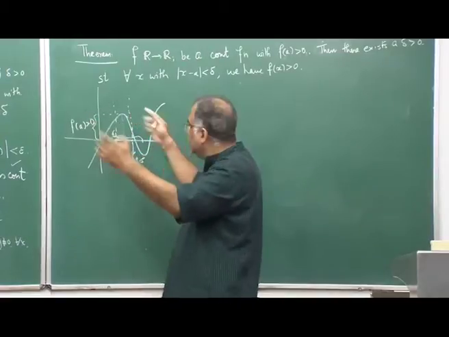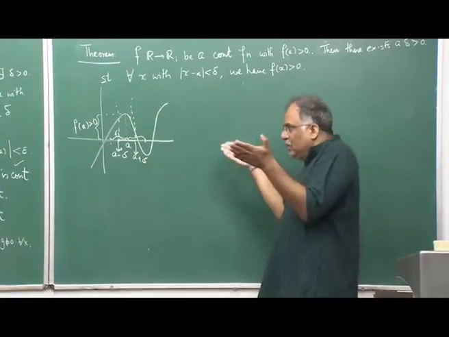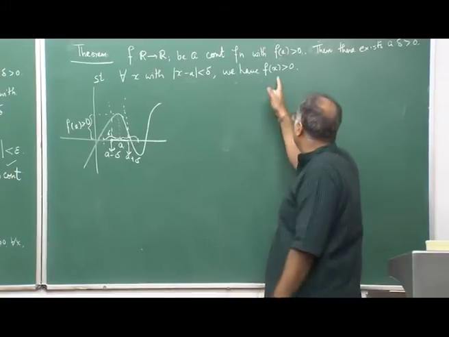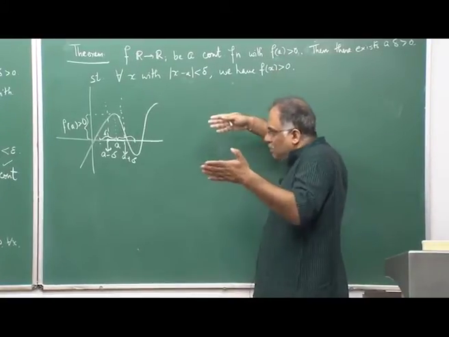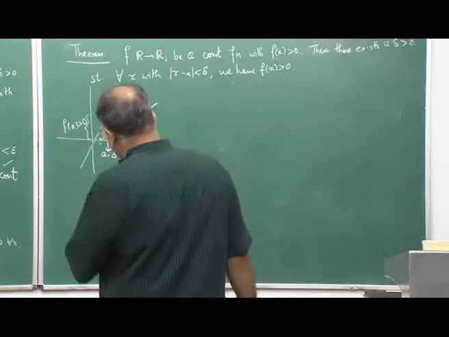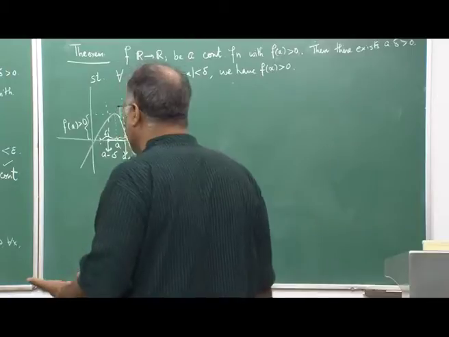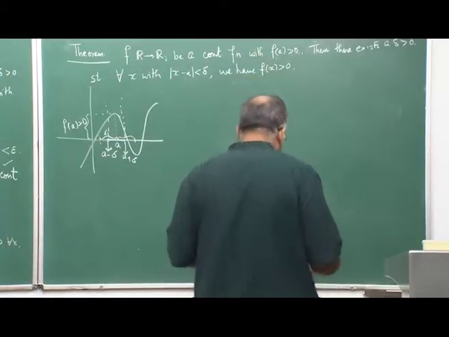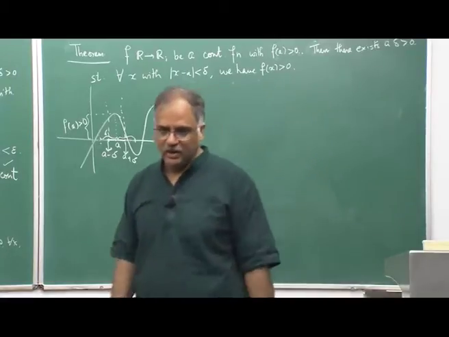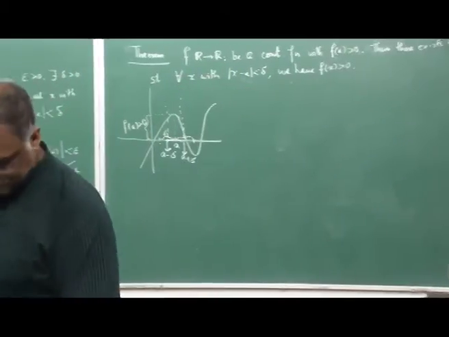If you increase the delta a bit, this result will break down. Of course, if you shrink it, you will have the same thing, but if you make it bigger, that thing will break down, and that's the key idea here. And this idea would be used in the next class to talk about something very important called the intermediate value theorem. These ideas are used at that point, right.